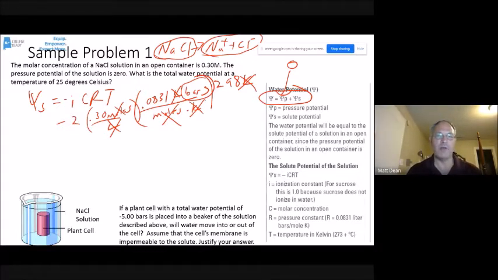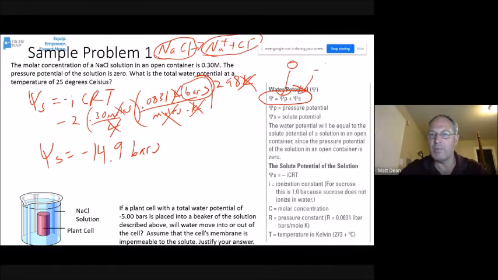Let's go ahead and do the math on this. So 298 times 0.0831 times 0.30 times 2. And remember that that's a negative number. So our solute potential equals negative 14.858. We're going to round that to negative 14.9 bars.